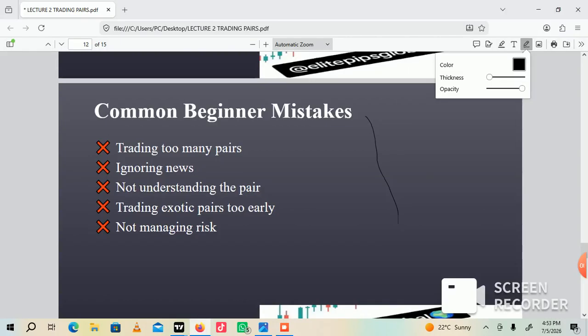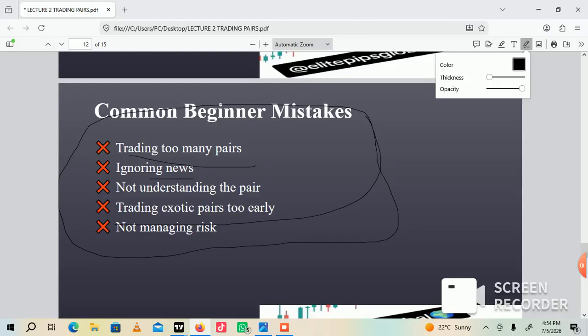Now we come to the common mistakes made by beginners. These are common mistakes that most beginners make without understanding. First one is trading too many pairs. As a beginner, you have to select your best pairs for trading. The second one is ignoring news. When you are trading technical analysis, you have to base it on technical analysis.